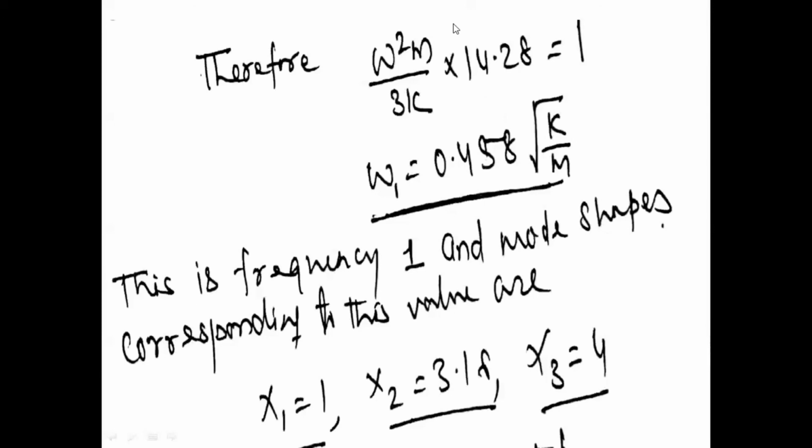So taking this equal to 1, you can calculate the value of omega 1, that comes out to be 0.458 square root of k by m. So this is the lowest frequency which you have calculated, and corresponding to this natural frequency, you have calculated the mode shape as 1, 3.16, and 4.